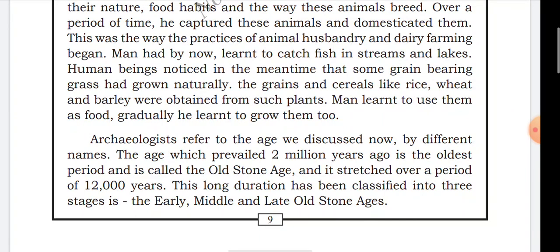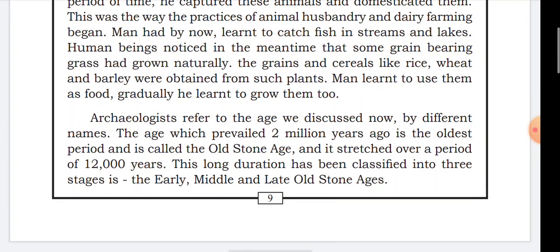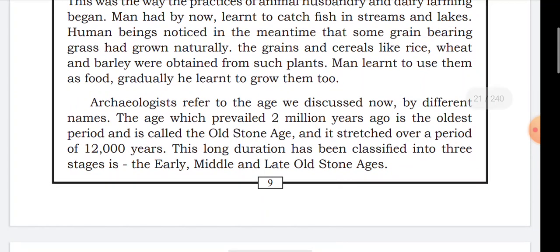That is, they noticed the grass which bears food grains, and they even discovered that it had grown naturally, and the grains and cereals like rice, wheat, and barley were obtained from such plants.